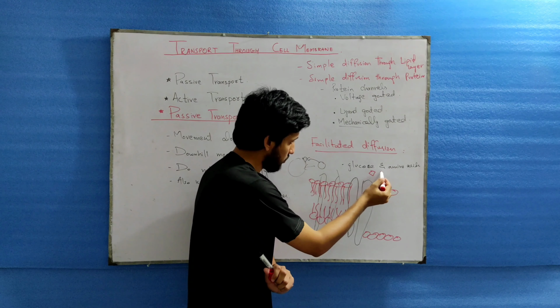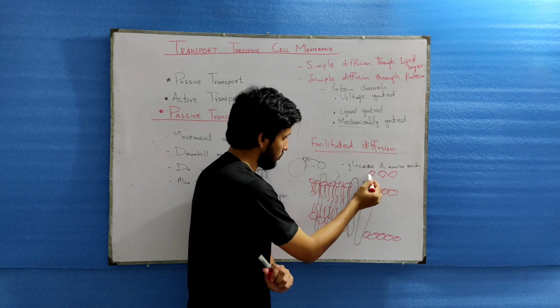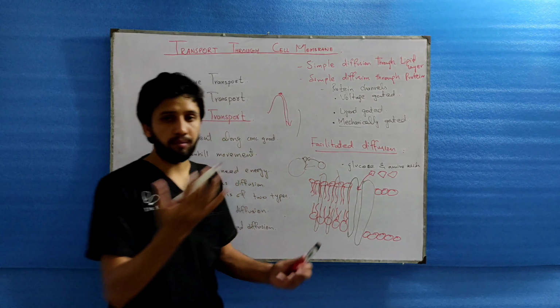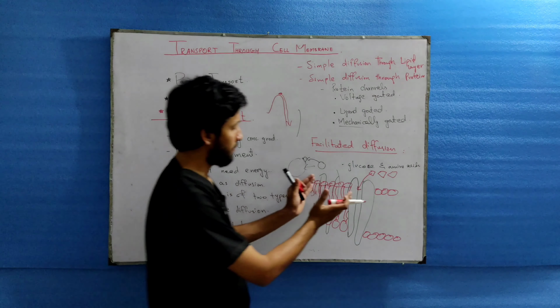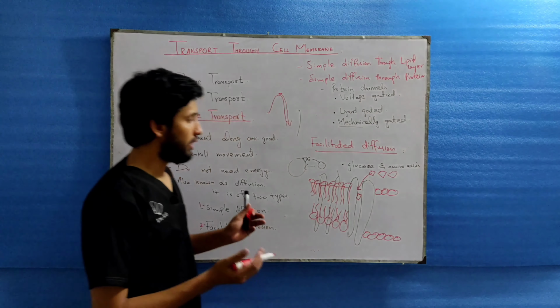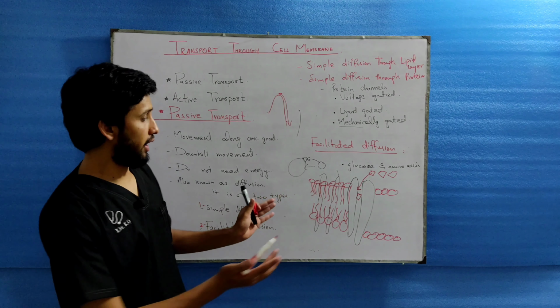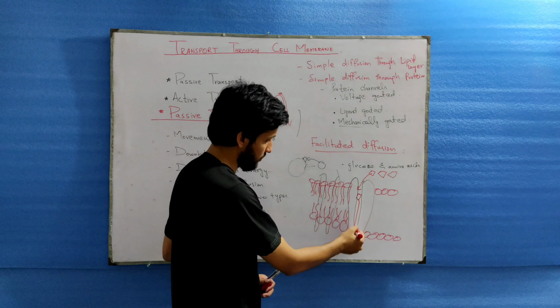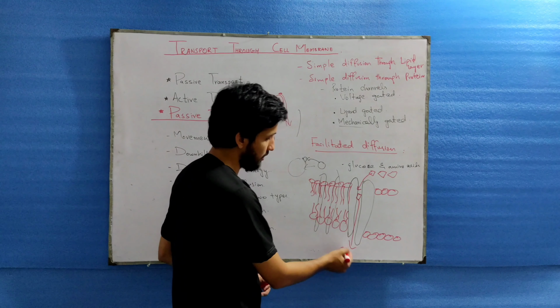These are glucose molecules, and when these glucose molecules come in contact with these channels, there will be a conformational change. Here is the glucose molecule. This will change its position and close from this point, and the glucose molecule will transfer through this membrane to the other side of the membrane.